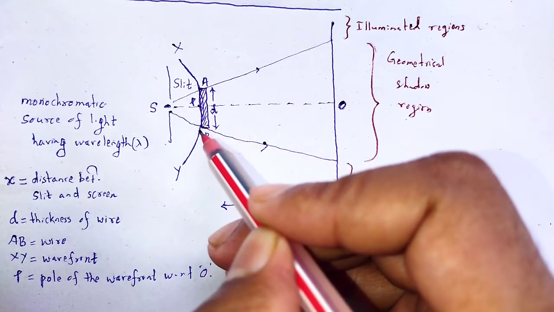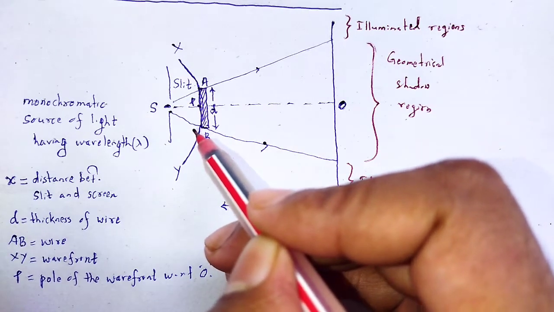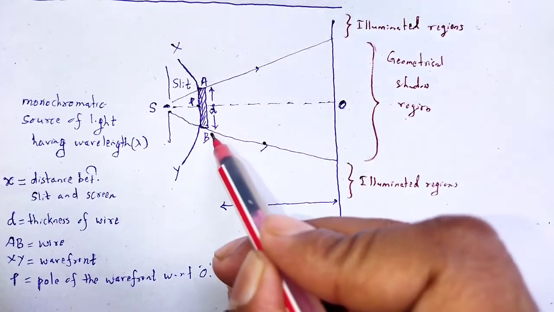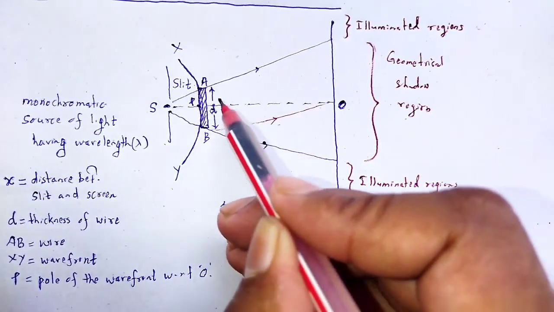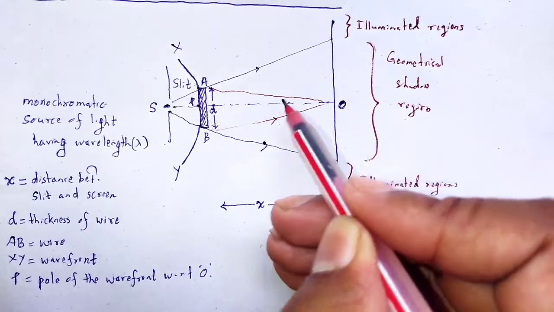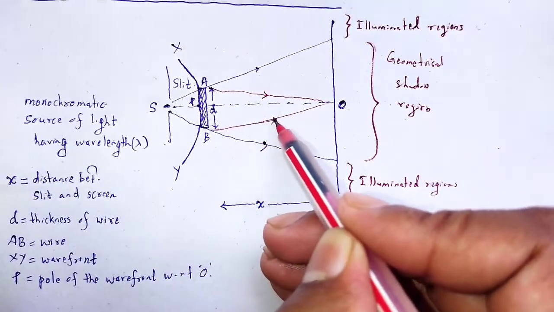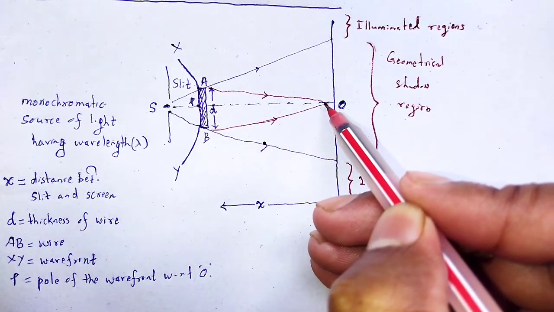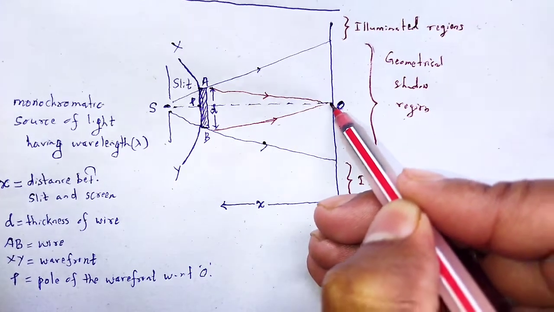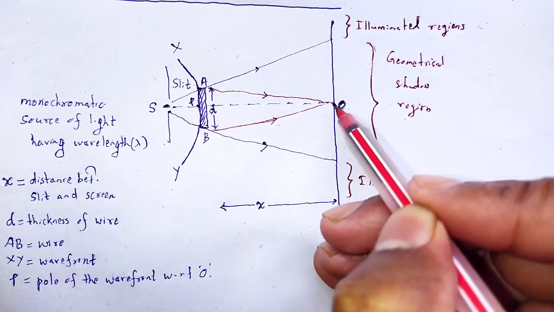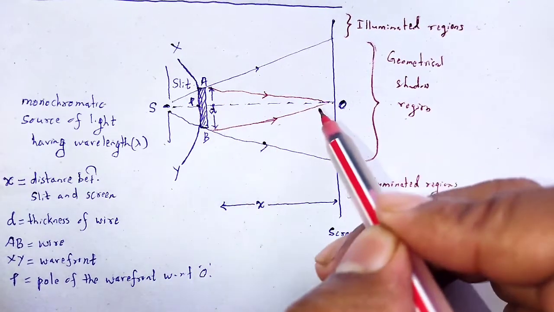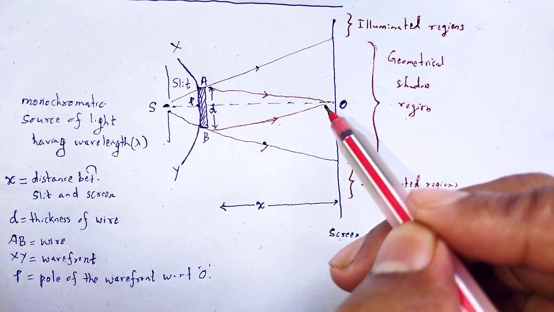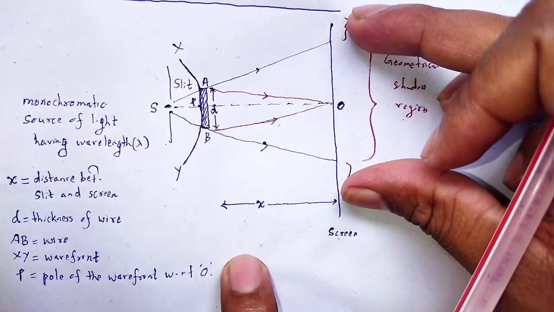Due to these two coherent sources, at point O the path difference will be 0. So, at point O we obtain the central bright fringe, and the phenomenon of interference is executed in the geometrical shadow region.